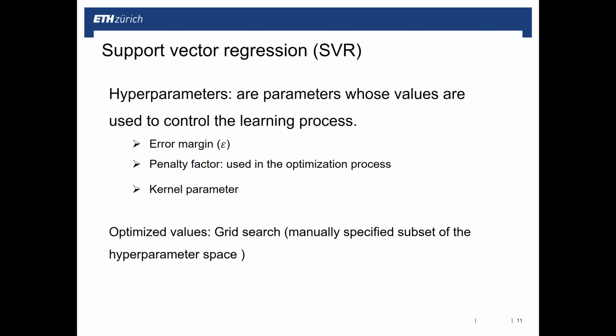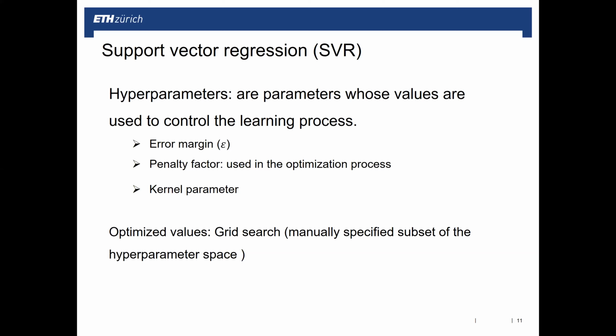And before starting the training process, we also need to determine these hyperparameters. These parameters are not the same as the weight and the bias I showed in the previous slide. They are parameters we need to define in advance, before the learning process starts. We use them to control the training process.